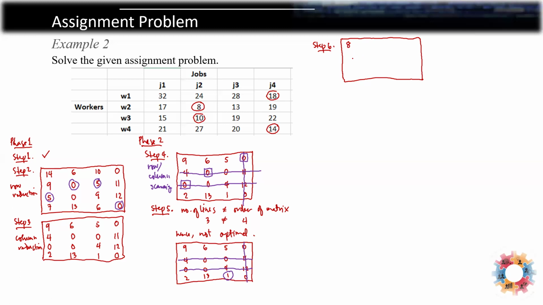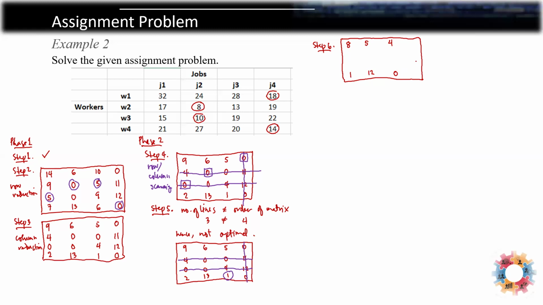Okay? 6 minus 1 will give us 5. 5 minus 1 will give us 4. Okay. Then 2 minus 1 will give us 1. 13 minus 1 will give us 12. 1 minus 1 will give us 0.